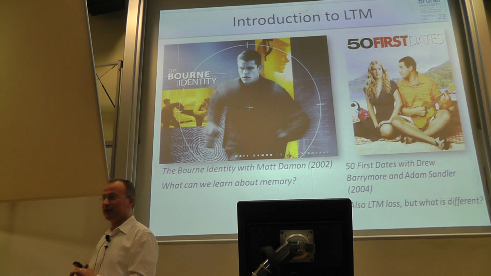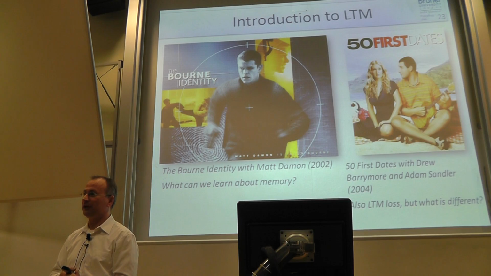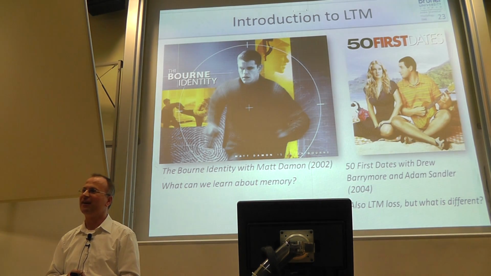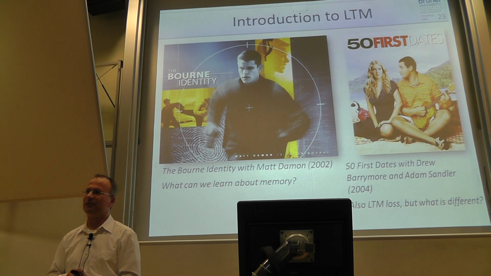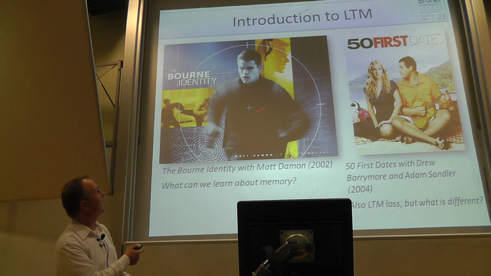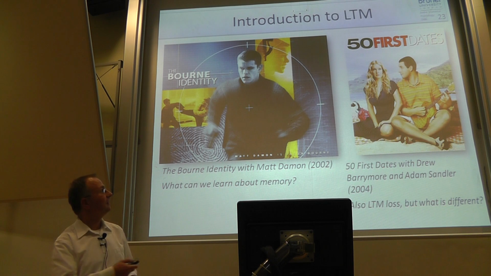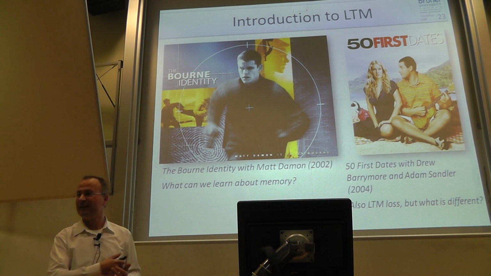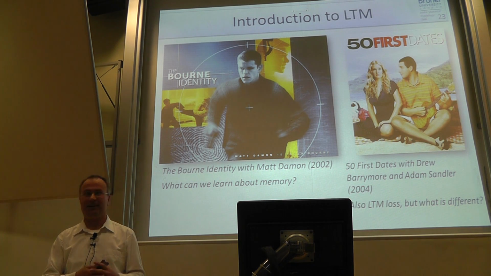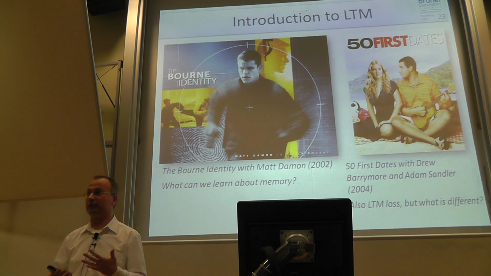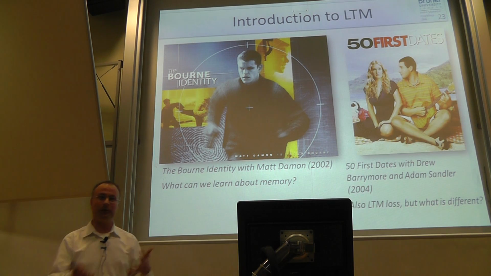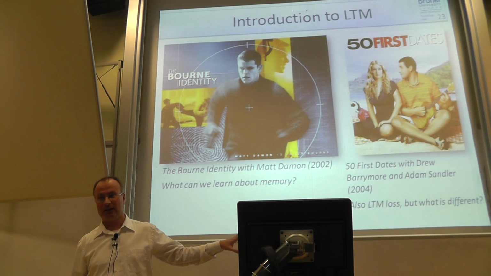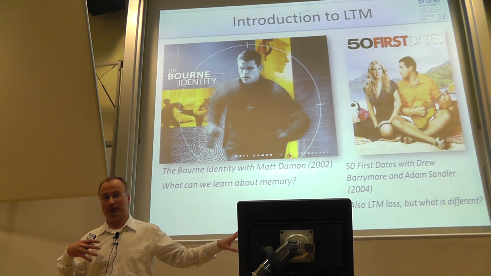So, different types of amnesia. I know I have it briefly on the screen. Do you know the different types? Retrograde amnesia, and anterograde amnesia. So retrograde means you can't access what is in your past, but you can form new memories.